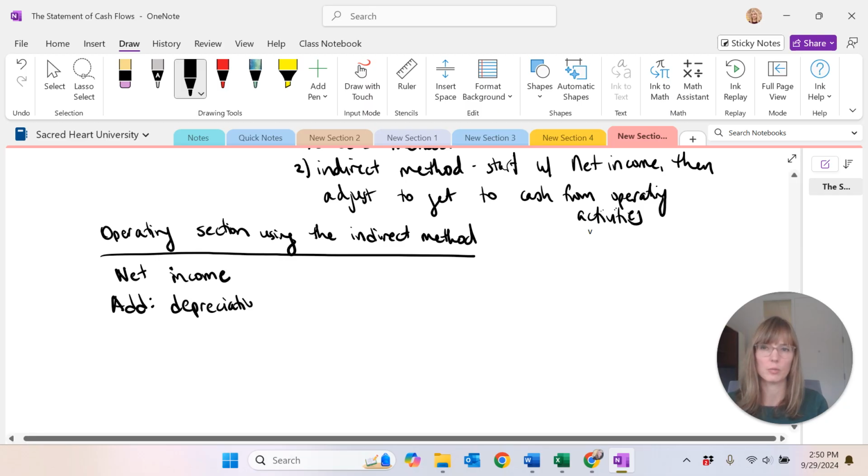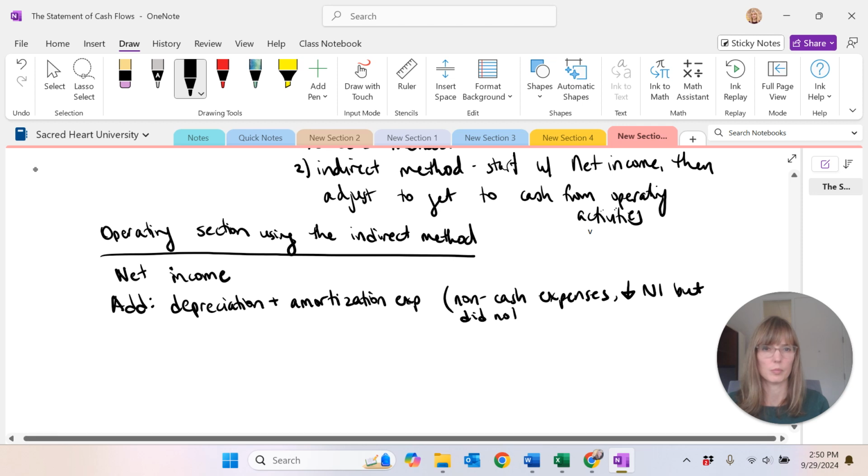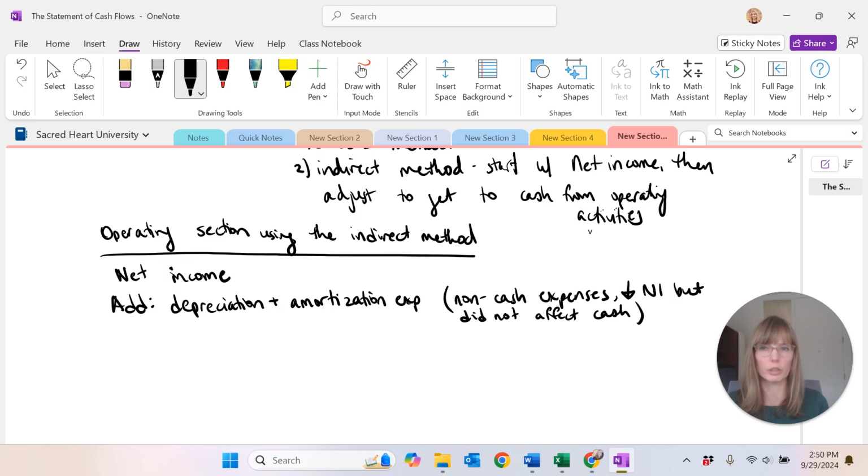The reason that we do that is that these are non-cash expenses. They reduced our net income, but they did not affect operating activities. So by adding the depreciation expense, we're reversing it out, or undoing that depreciation expense, taking it out of net income, because we're eventually going to come down to cash from operating activities.